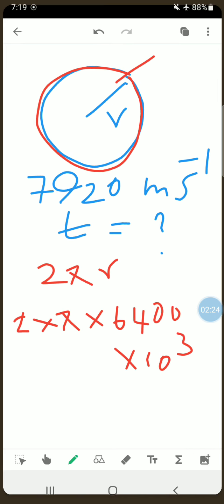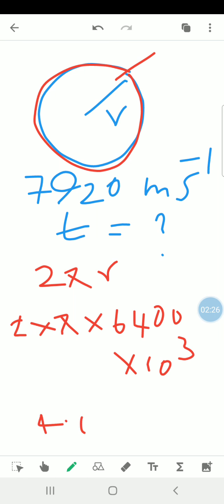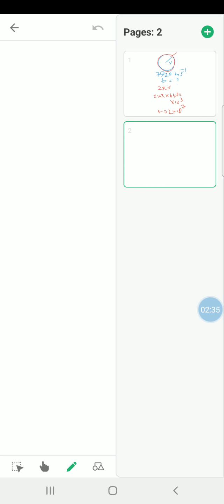So the length is 4.02 into 10 to the power 7. Let's round it off to that. Now, but that is not the answer. We have to find out the time it takes.